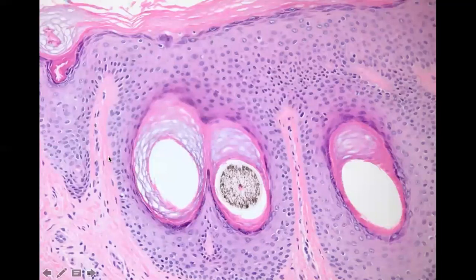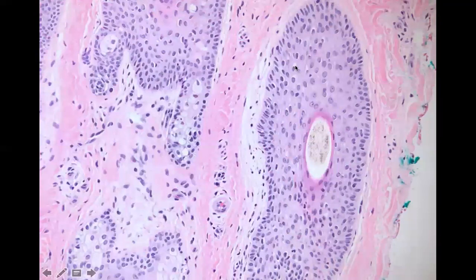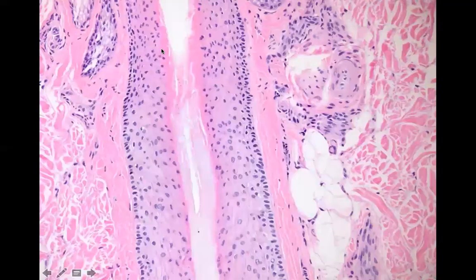Okay, so up close, just to drive the point home, this is your infundibular epithelium. It looks just like the epidermis of your skin. Okay, basal layer, spinous layer, granular layer, keratin. Traveling down to the isthmus, you can see that your cells are a little bit paler and a little plumper than the infundibular cells.